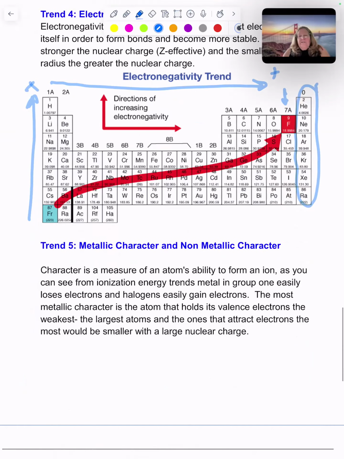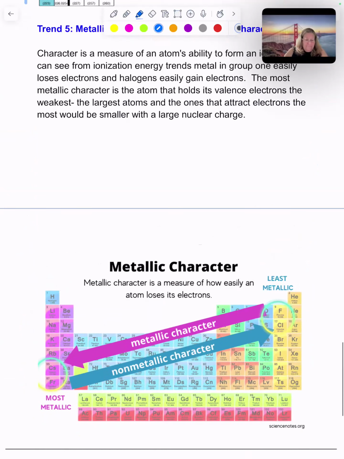Metallic and non-metallic character. Character is a measure of an atom's ability to form an ion. So as you can see from ionization energy trends in the metals group, metals easily lose electrons and halogens easily gain them. So the most metallic character is going to be the atom that holds its valence electrons the weakest. Good old francium, right here.